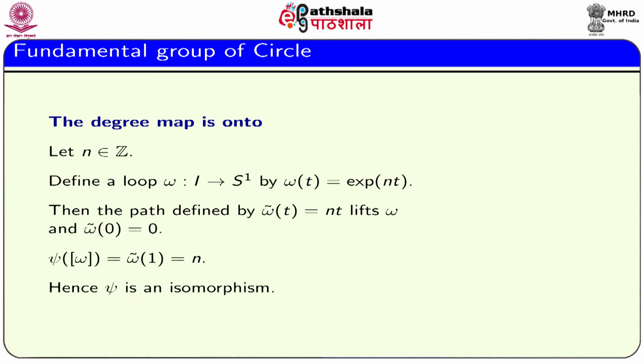So, the image of class W is equal to the given integer n, proving that the map is onto. So, combining all these three, we have that psi is an isomorphism.